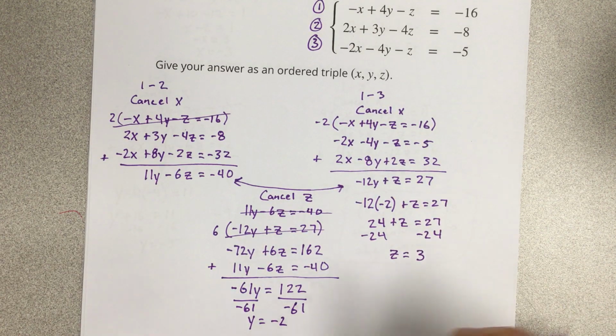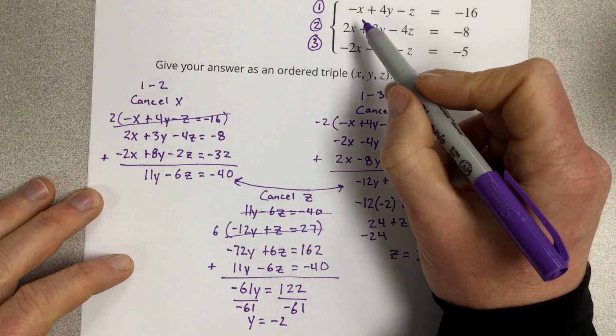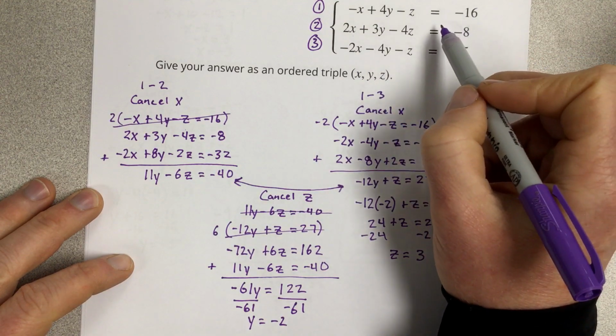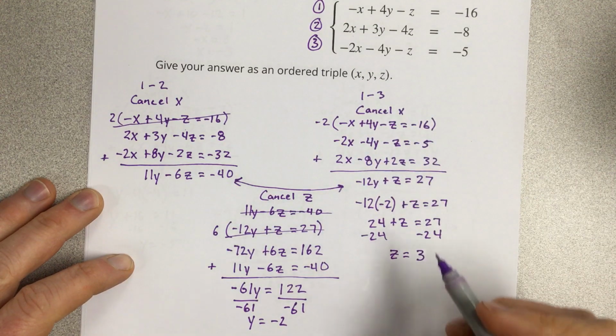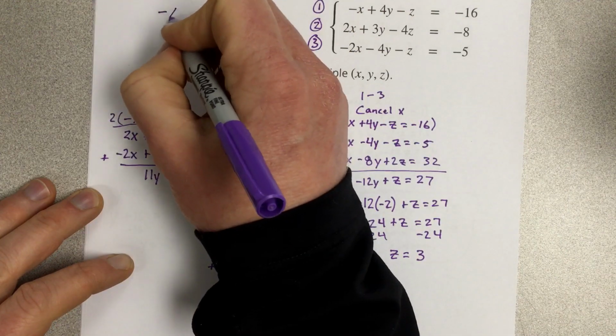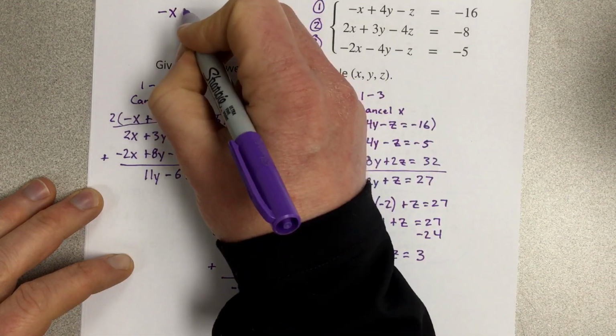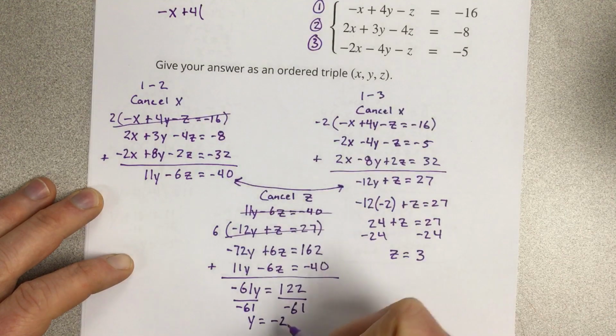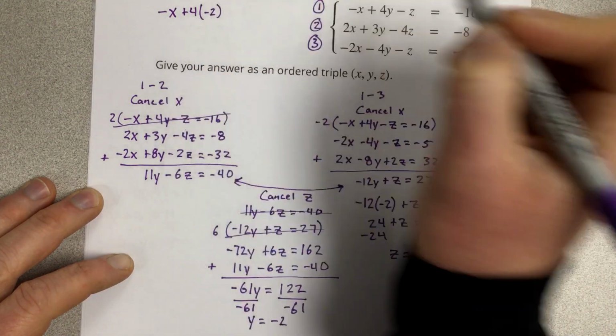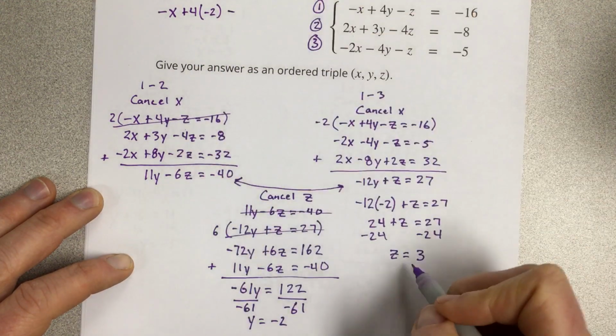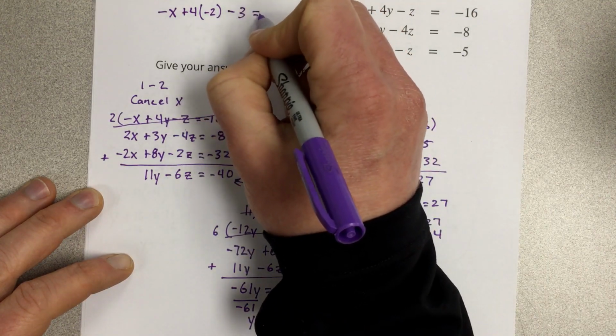Now I'm going to take both of those numbers, plug them into the top equation here, and I should be able to find x. So I get negative x plus 4 times y, which is negative 2, minus the z, which is 3, is equal to negative 16.